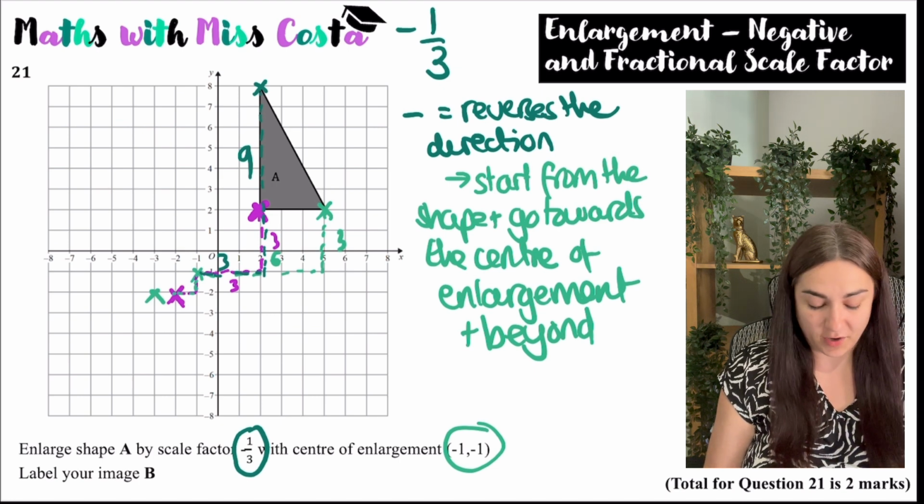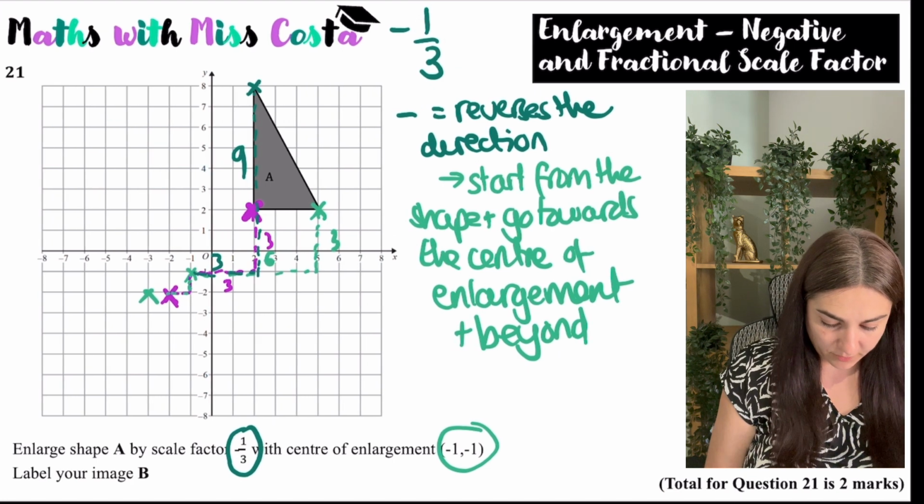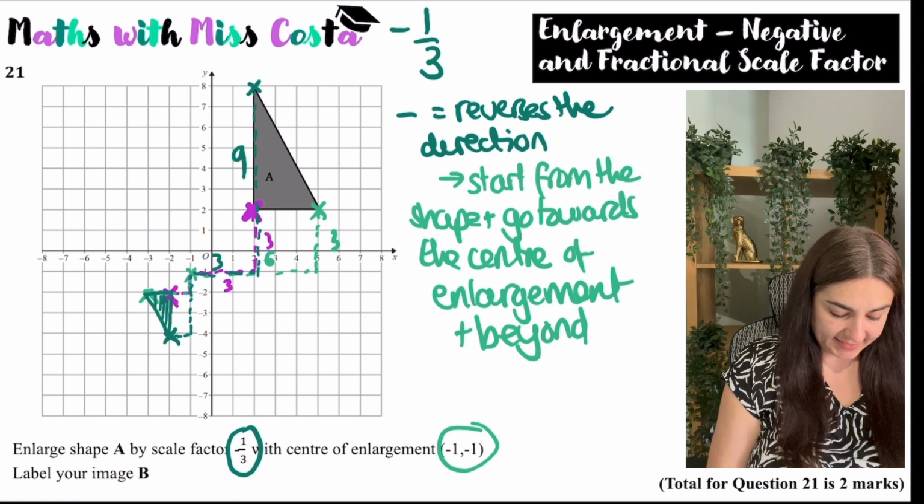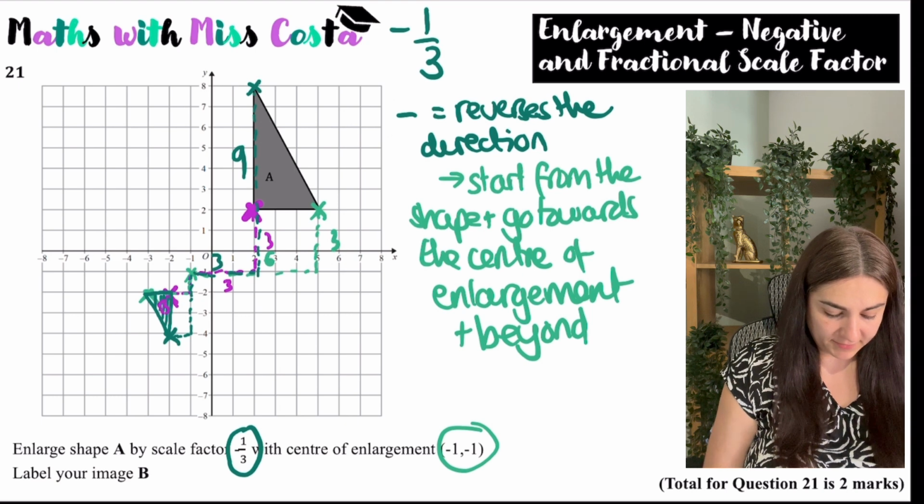A third of 9 is 3, so I'm going to go 3 down and 1 across. And then I just join my points together, and it says label your image B, so just give it a little B.